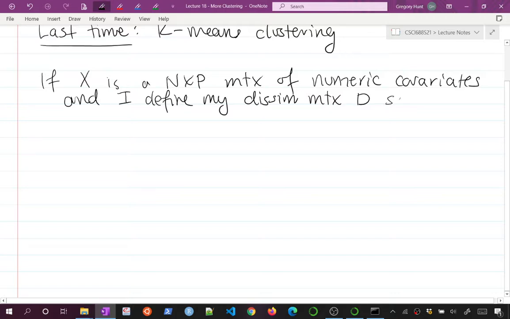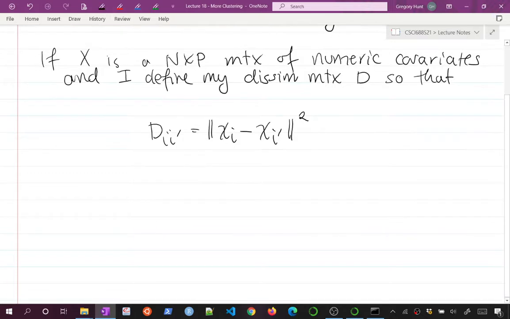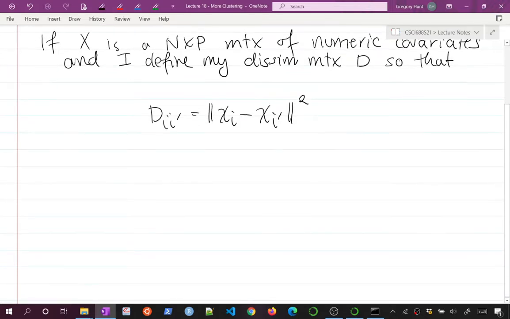And I define this so that the dissimilarity is literally just the Euclidean distance between my points. Since my x_i's are numeric, if I have x_i and x_i prime, I can just look at the Euclidean distance and call that a dissimilarity. So distances are dissimilarities, but not all dissimilarities are distances.